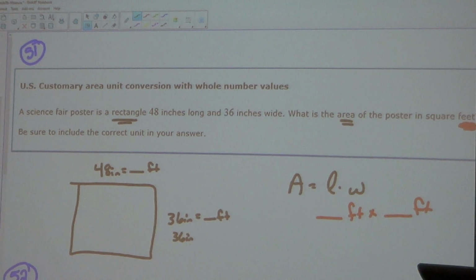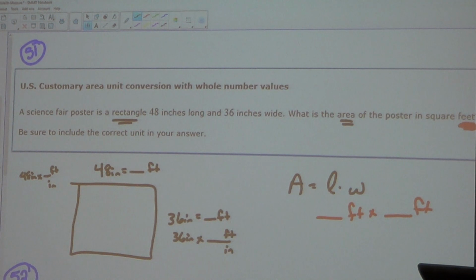So 36 inches times, what units go on the bottom? Inches. What goes on the top? Feet. Inches on the bottom, feet on the top, because we want our inches to cancel and be left with feet. Y'all with me?